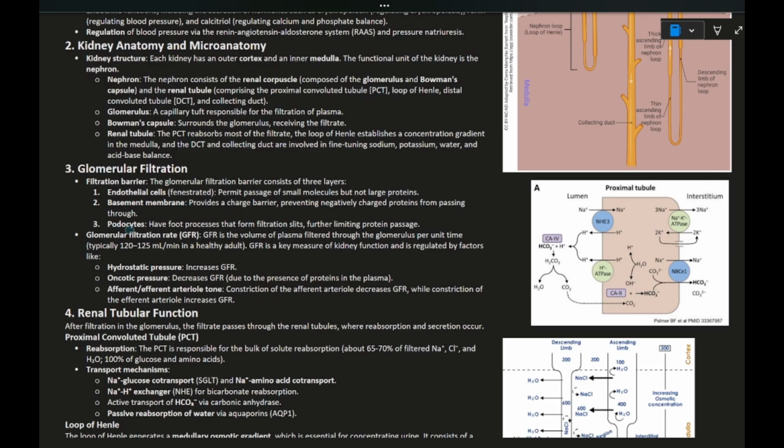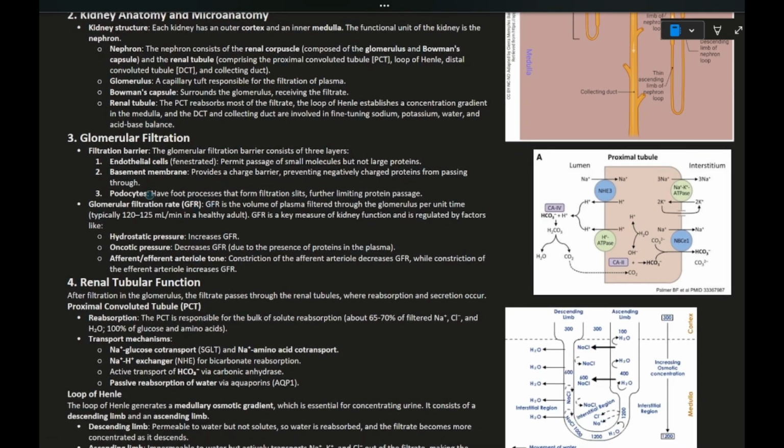And then we have podocytes, which have foot processes that form filtration slits, which further limit protein passage. You can remember podocytes having foot processes by paying attention to the prefix podo, which is a root word for foot.